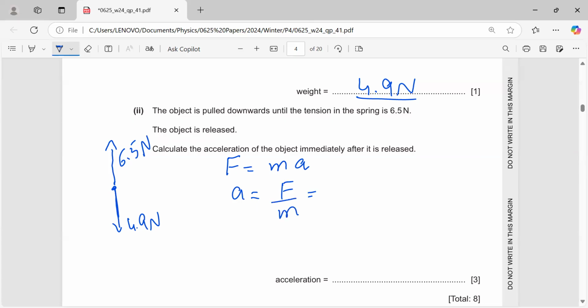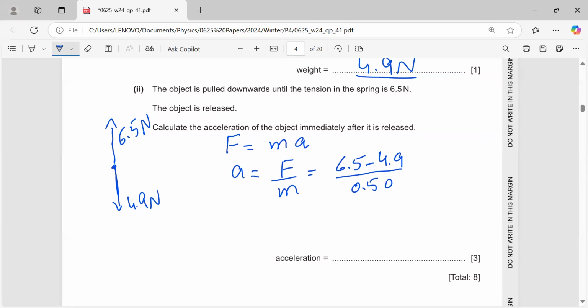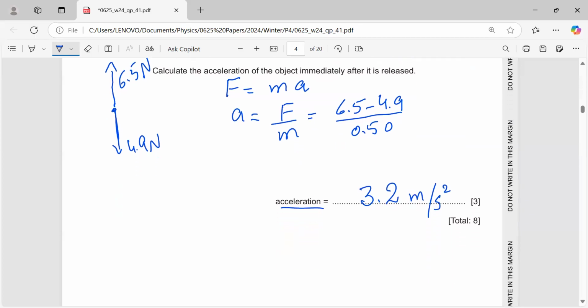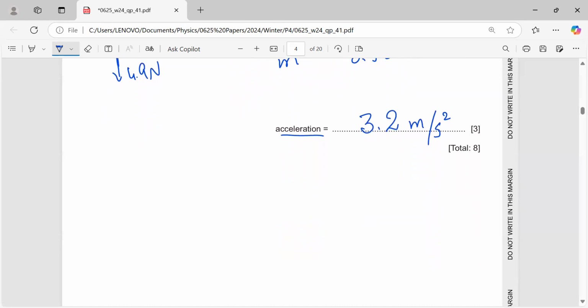Force is the difference between these two, 6.5 minus 4.9, and then the mass is 0.50. When you solve this, you will get the answer, which is 3.2. And it is in meter per second square because it's the acceleration. So please don't forget to write the unit. Otherwise, you will lose 1 mark.